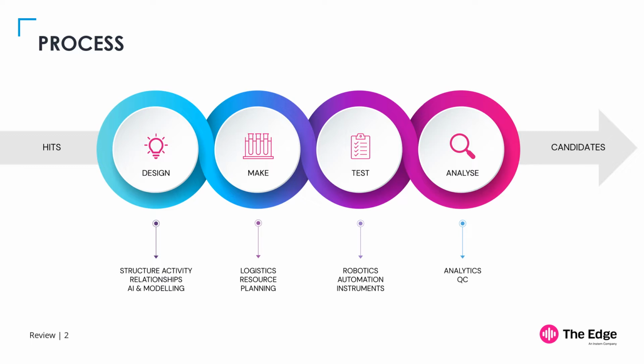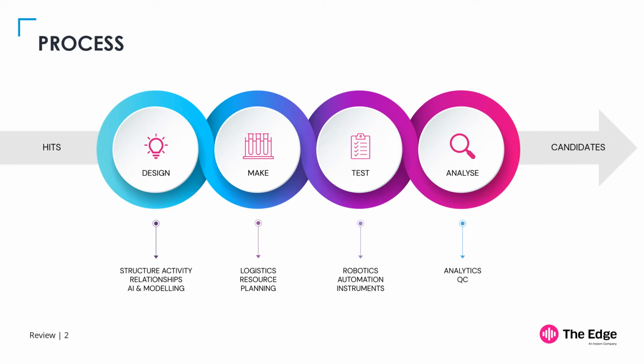In the make phase, it supports the registration of newly synthesized molecules coming out of design, the samples themselves, and the logistics of providing those samples to the test site, whether that's internally or with the CRO, and planning the activities of testing.